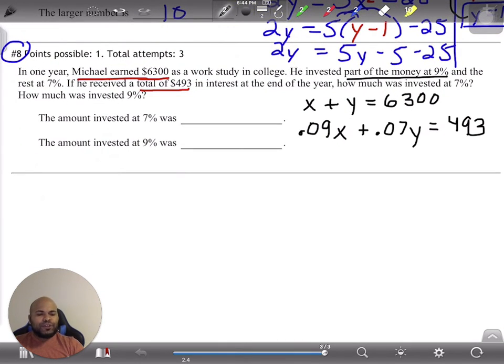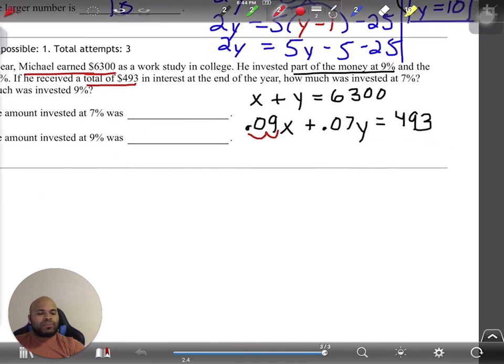Okay, perfect. So now what can I do if I'm going to use substitution? Well, the first thing is I don't want those decimals there, and I could cancel all the decimals if I just multiply everything by 100. The reason is because I have to move the decimal point twice, and 100 has two zeros.